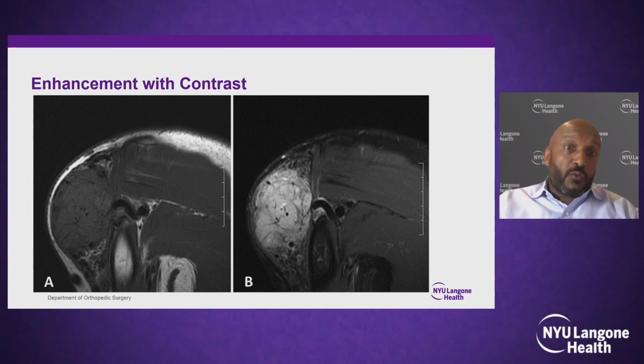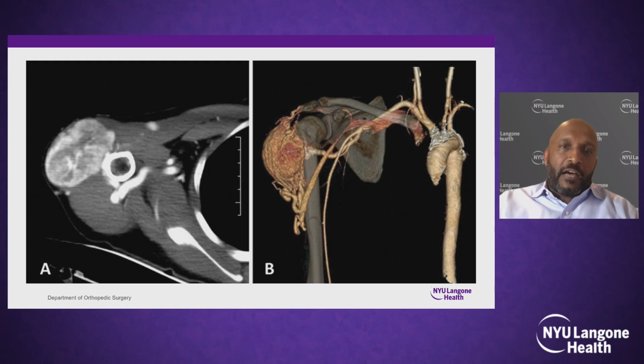With this one in particular, being an outside image, it came with a CT angio, which we don't necessarily usually use, but you can see how the contrast of the MRI was able to show you that this mass was enhancing. So it's relevant, it's useful, and it clearly delineates neurovascular bundles and what's involved.